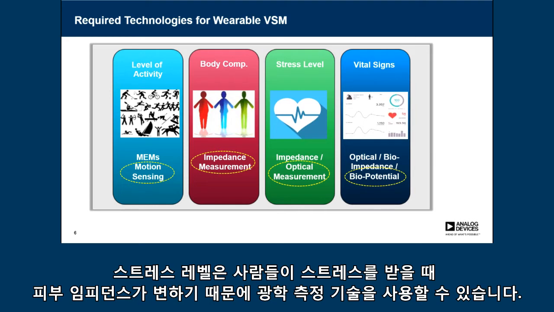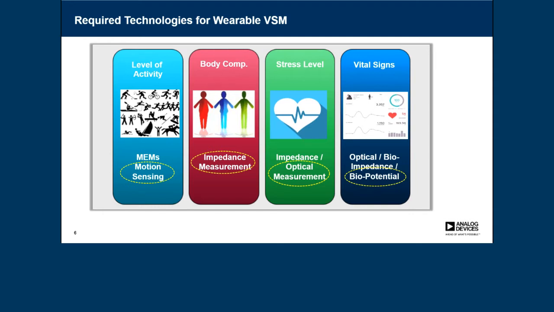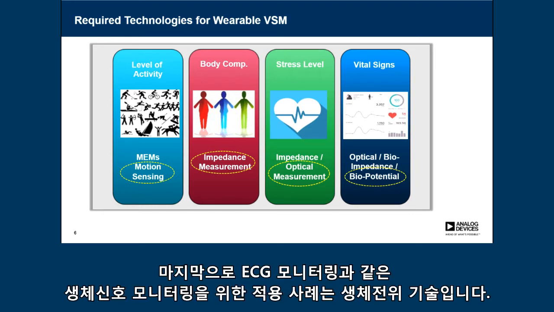But also you could make use of an optical measurement technology. And optical means that you're more focused on the heart rate, but also heart rate variability when it comes to stress level monitoring. And the last use case is for vital sign monitoring, like ECG monitoring, is biopotential technology.